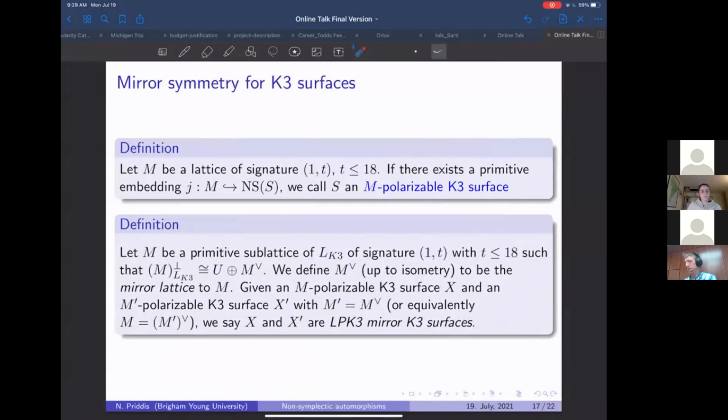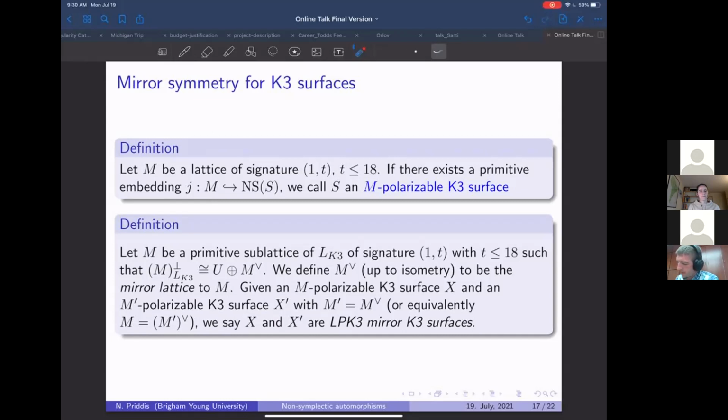I'm going to put in two slides here that are a little bit technical, and I'm not going to give all the background, but I just want to give you a flavor for why we care about this in terms of mirror symmetry. So first of all, how do you describe mirror symmetry for K3 surfaces?